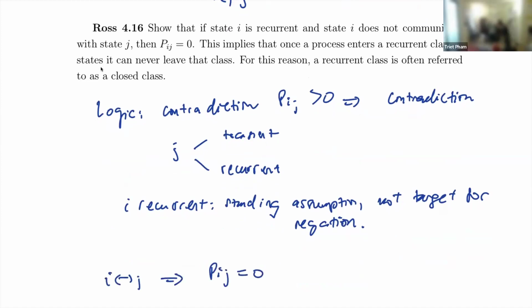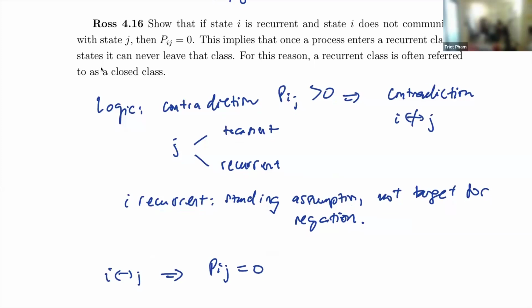So the target of negation is I not communicate with J. The target negation here is to prove that I, J communicate somehow. Do you understand? That's the logic. So do not try to negate I being recurrent. That's not the target of negation here.